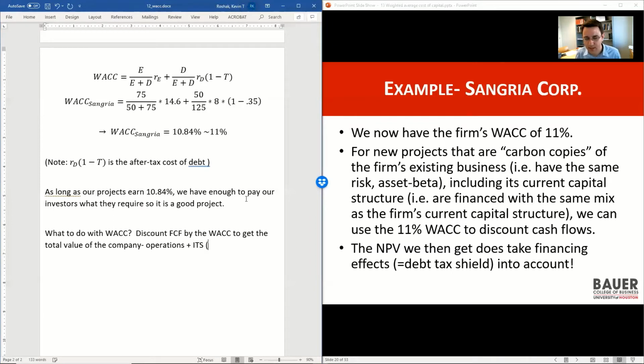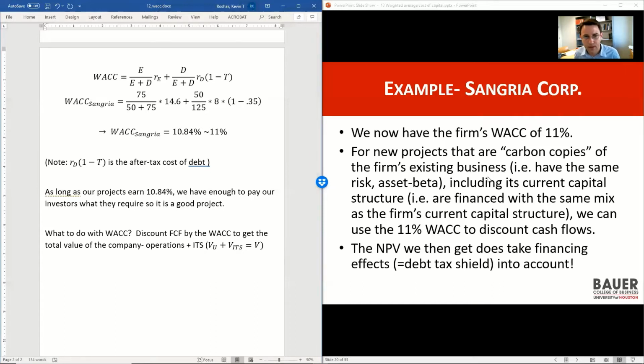We saw this notation in Modigliani-Miller. We saw that the total value of the company is the value of the company without any debt, the value of the operations, plus the value of the tax shields. When we use the WACC to discount the free cash flows, we're getting both of those things together, in the entire sum, VU plus VITS.